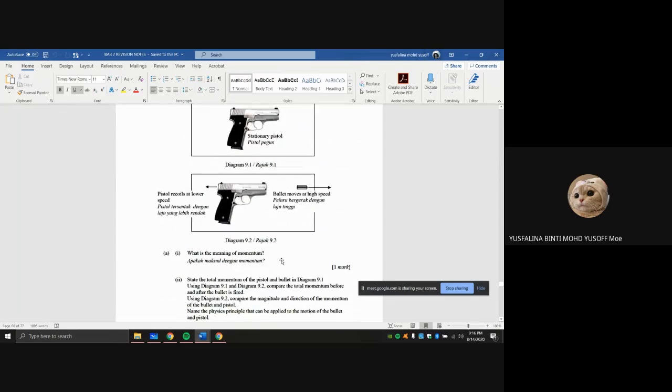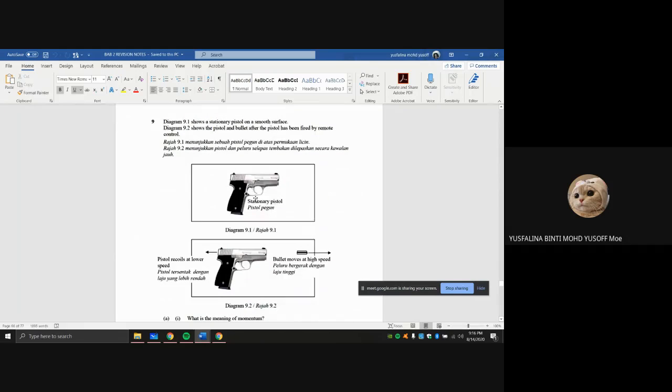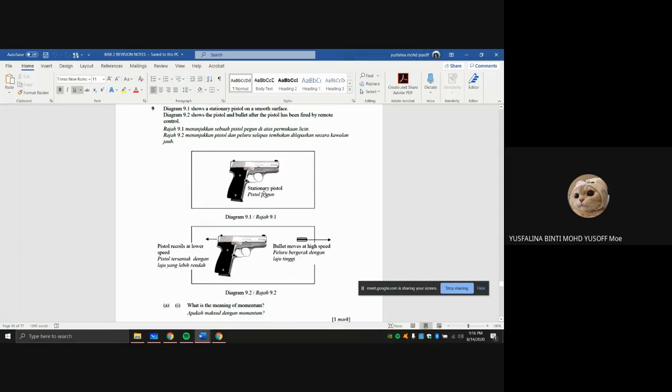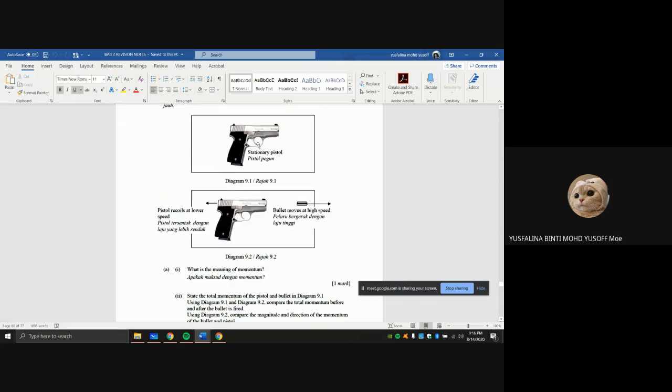Again, mass multiplied by velocity. State the total momentum of the pistol and the bullet in diagram 9.1. Because it is stationary, it doesn't move, so the velocity is 0. So the total momentum of the pistol and bullet in diagram 9.1 is 0.